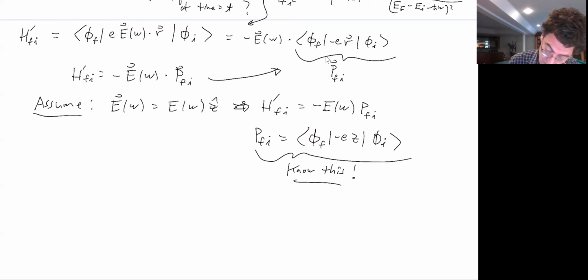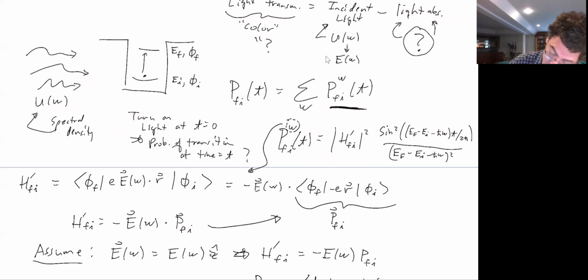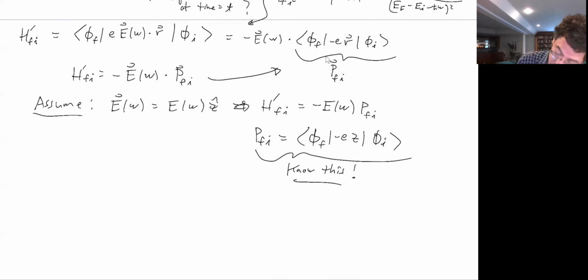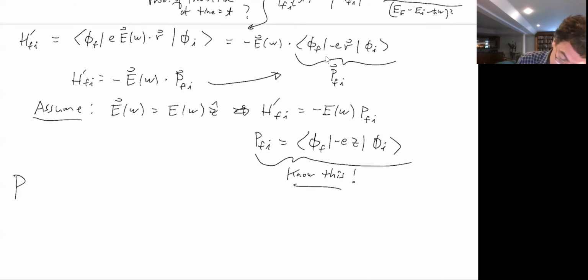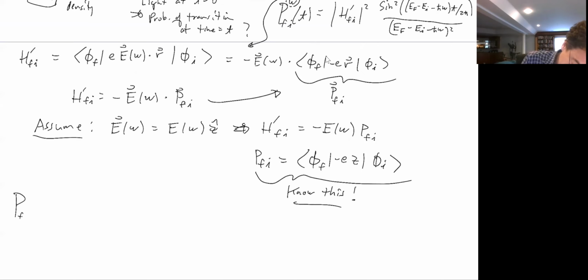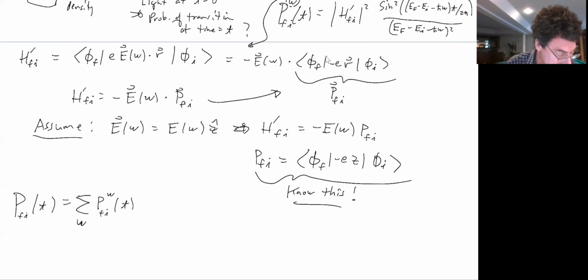And so then what we see is that the probability to have a transition from the initial state to the final state at time t is going to equal the sum over all the frequencies of the probability to have a transition for all the frequencies.